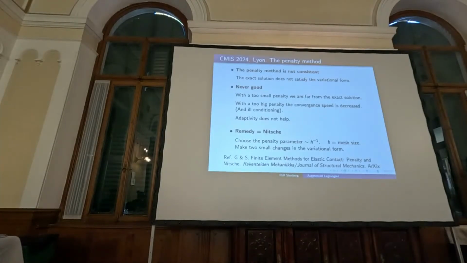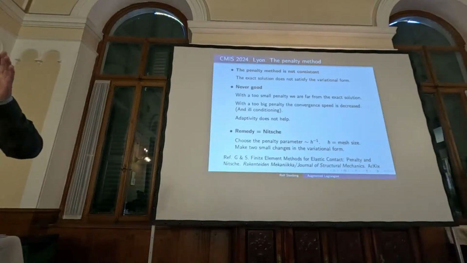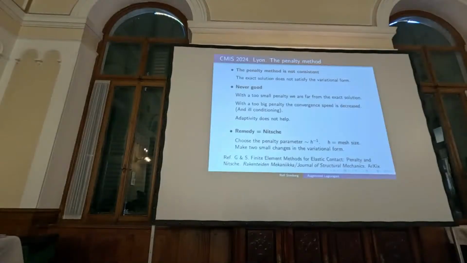And then the remedy for that is Nitsche's method, which is just two small changes in your code, and the consistency problem is solved, and you have a method that works. And the reference for that talk you find in Rakenteiden Mekaniikka, that means structural mechanics.